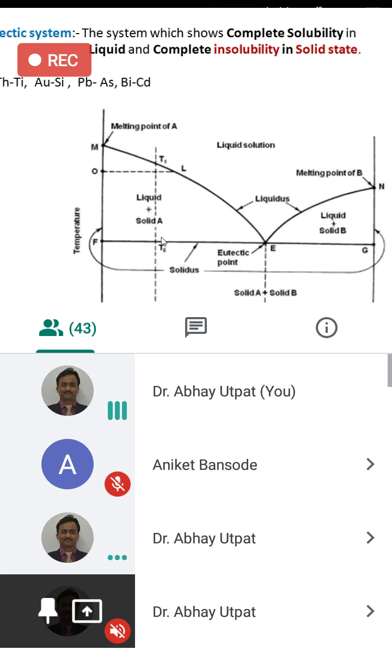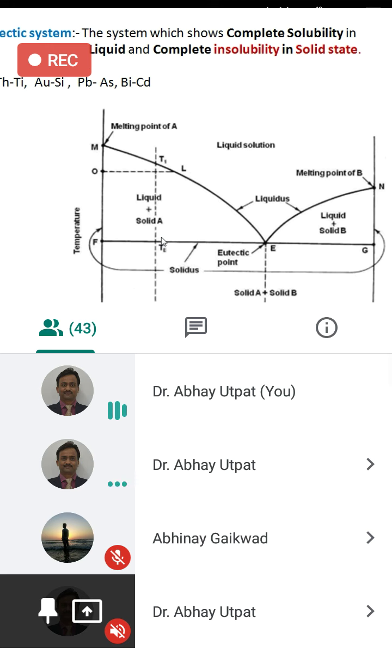So where I put my cursor, that is the solidus line, the horizontal line. Suppose you are just before that line. 90% of the liquid is converted into solid, and still 10% liquid is there. But now what is the beauty of this eutectic system?